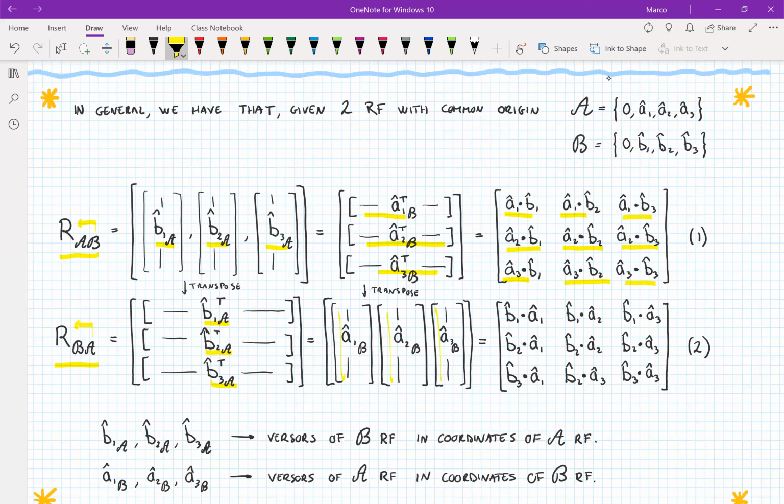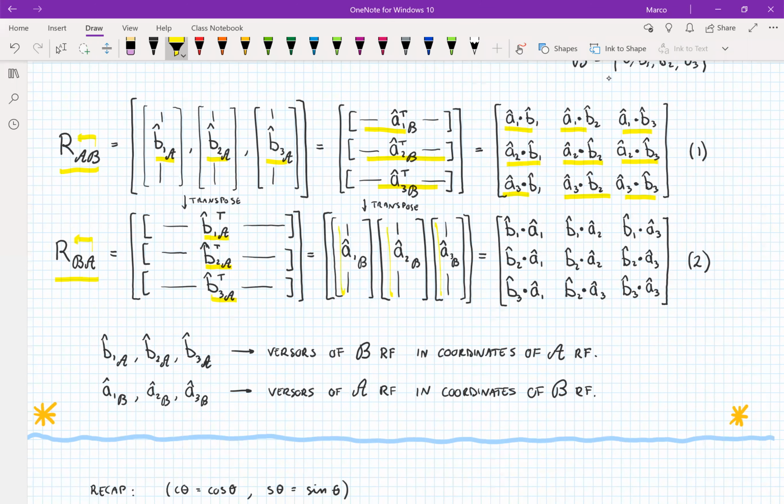And if you want to have RBA, then you take first the versors of B and multiply, in a sense, by dot product or inner product, with the versors of the reference frame A. So here I'm just writing down that B1A, B2A, and B3A represent the versors of the reference frame B in the coordinates of the A reference frame, whereas A1B, A2B, and A3B represent the versors of the A reference frame in the B reference frame coordinates.